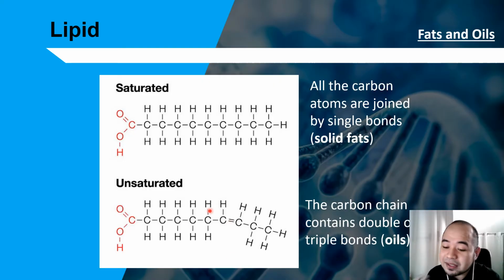Remember, I will repeat: if the triglyceride has more saturated fatty acids, the tendency is that it becomes a fat. And when the majority is unsaturated, it is an oil. Most of the saturated fatty acids, or most of the fats, come from animals, and most of the oils come from plants.